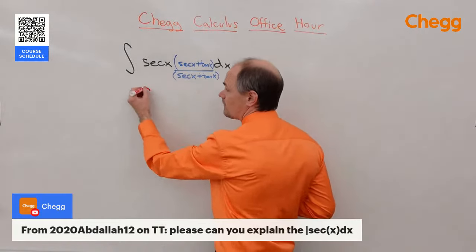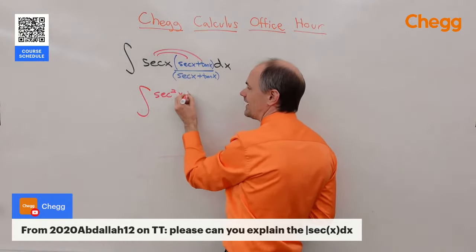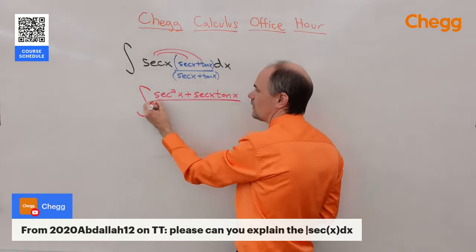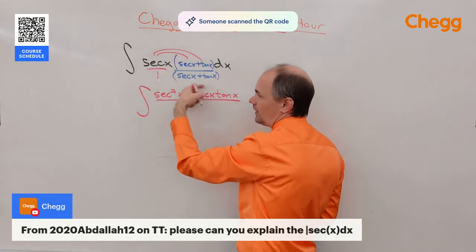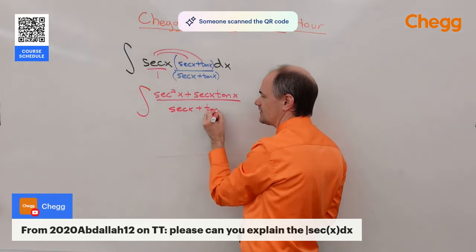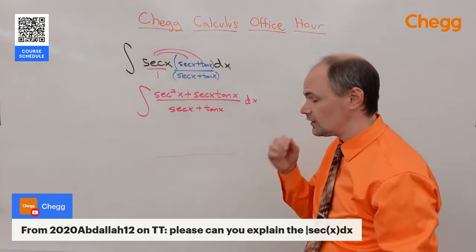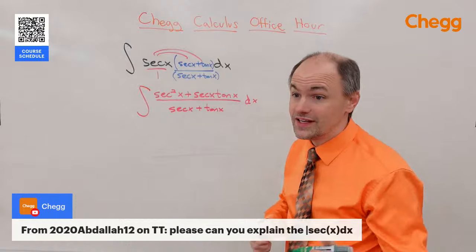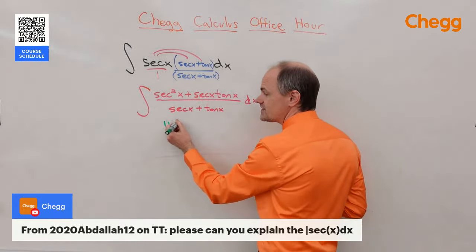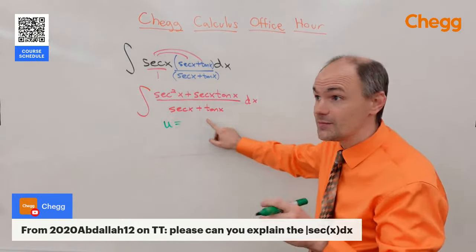But look what happens when I multiply that out. We end up with a secant squared of x plus a secant x times a tangent x over a denominator that, multiplying by 1, stays as secant x plus tangent x dx. This is actually really nice, as much as it doesn't look nice, because I can do a really simple u substitution by making u equal to this denominator.